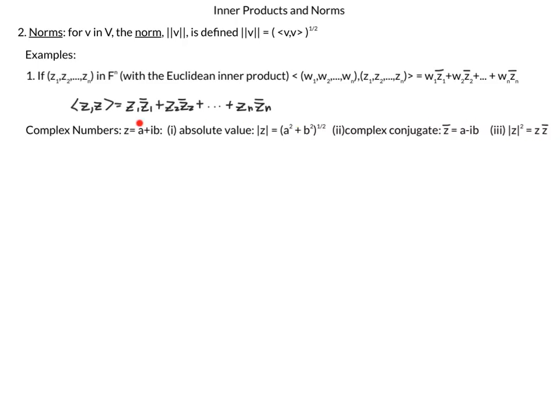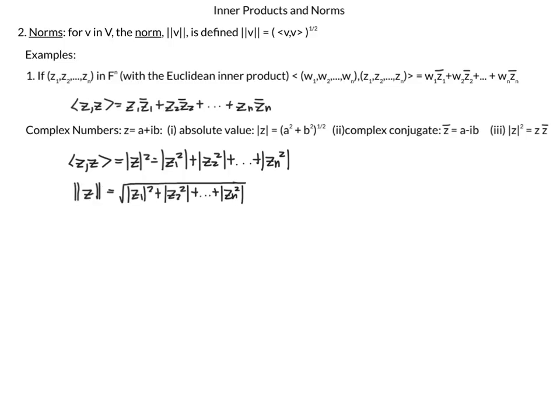And looking at this line here, from our review of complex numbers, we have that the absolute value of a complex number z squared is equal to z times its complex conjugate, which is what we have here. So in other words, our Euclidean inner product of z with itself is equal to the magnitude of z squared, which is equal to the magnitude of z1 squared plus the magnitude of z2 squared up to the magnitude of zn squared.